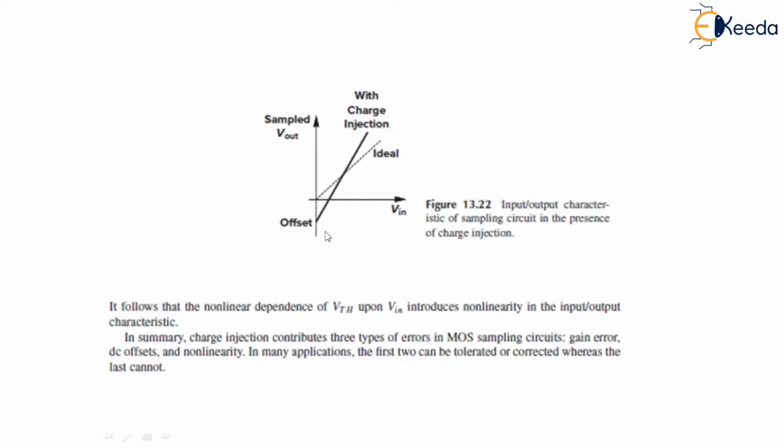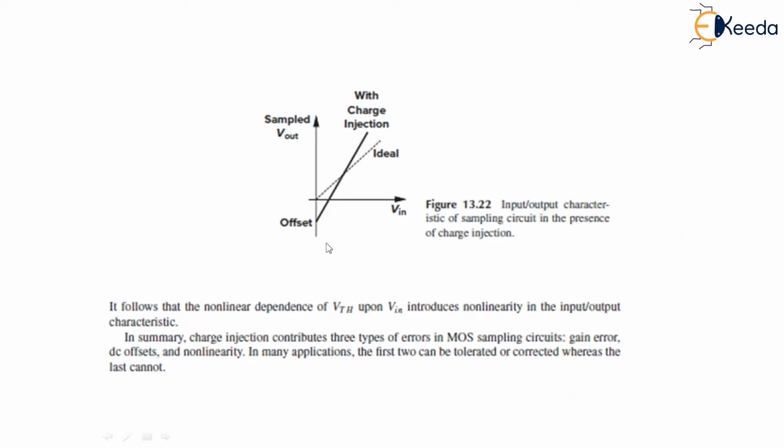We can summarize that channel charge injection contributes three types of errors in a MOS sampling circuit: the gain error, the DC offset, and nonlinearity, and this nonlinearity cannot be tolerated at all. This is the input-output characteristic of a sampling circuit in the presence of charge injection. This is the ideal value, and it deviates from this.